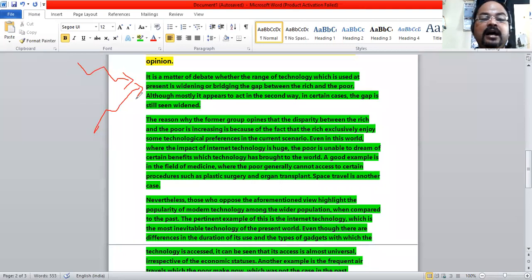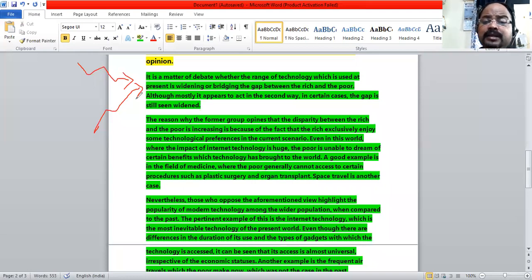It is dealing with the present. So the debate is whether it is widening or bridging the gap between the rich and the poor.